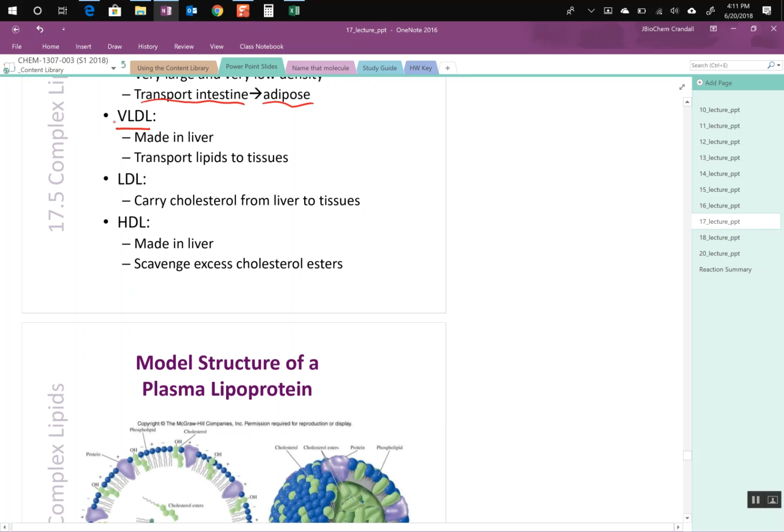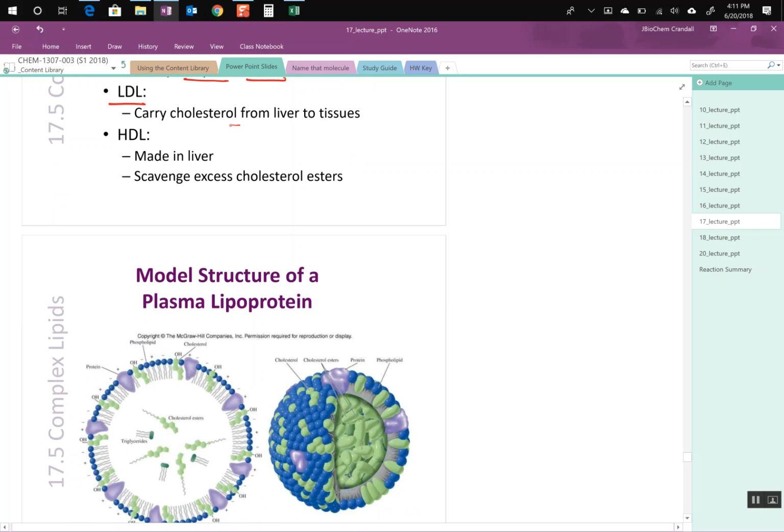Very low density lipoproteins are made in the liver and they transport lipids to tissues. So if I want to bring fats from my blood into my tissues, I would use these very low density lipoproteins. Low density lipoproteins would carry cholesterol from the liver to tissues.